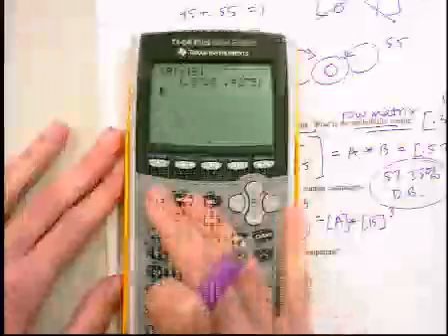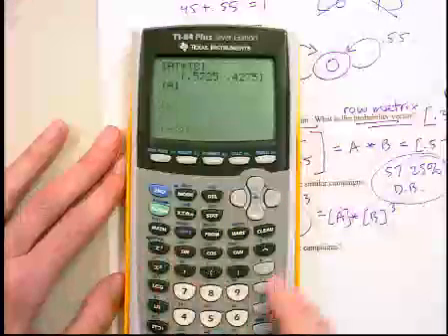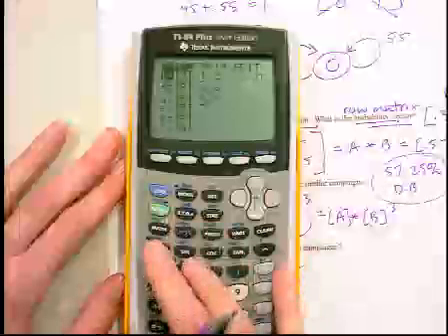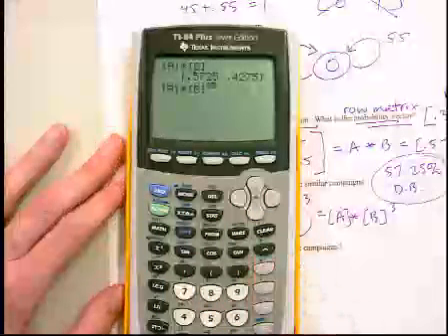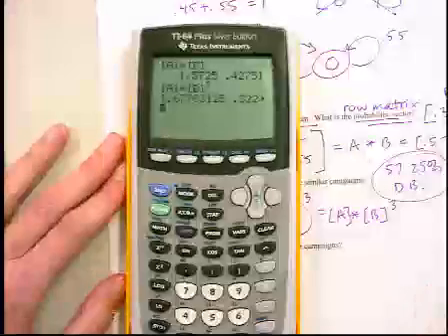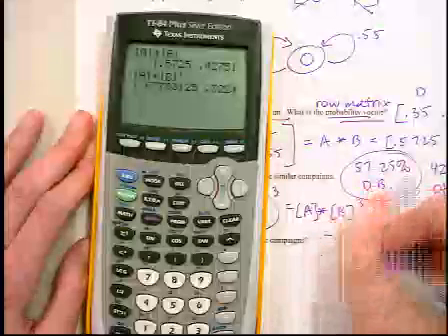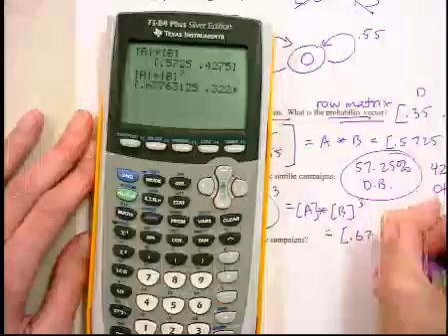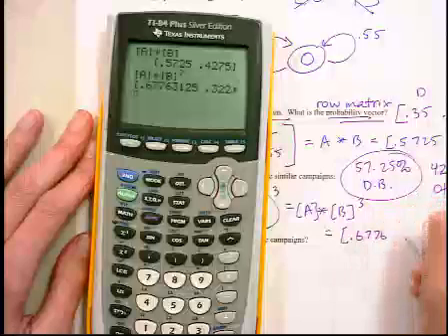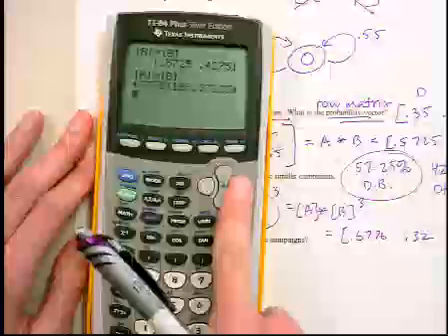So I want to grab matrix A, so second matrix A times second matrix B, and I want B to the third power. Okay, again, we get another pretty significant increase, and that is 0.6776, 0.32. I can't see it all, but it says I can use the right arrow to see it.